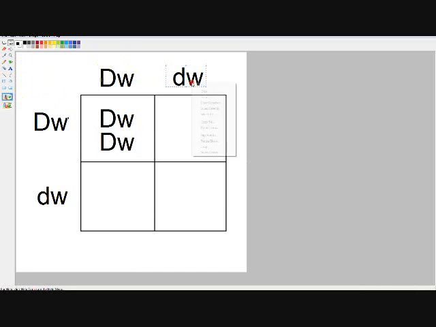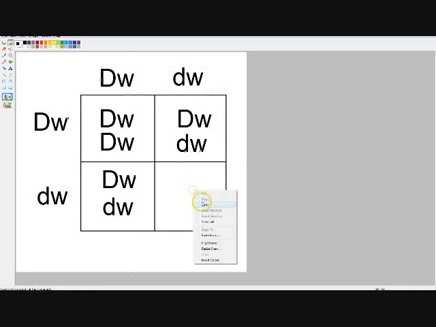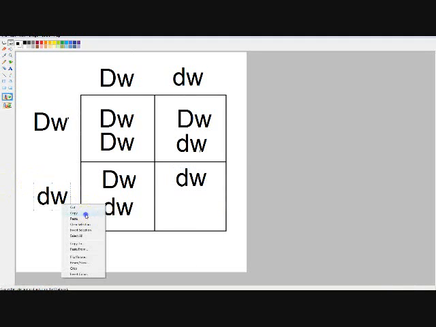We would have a recessive and a dominant allele for this second, a dominant and recessive for the third, and then a recessive and recessive allele for the fourth.